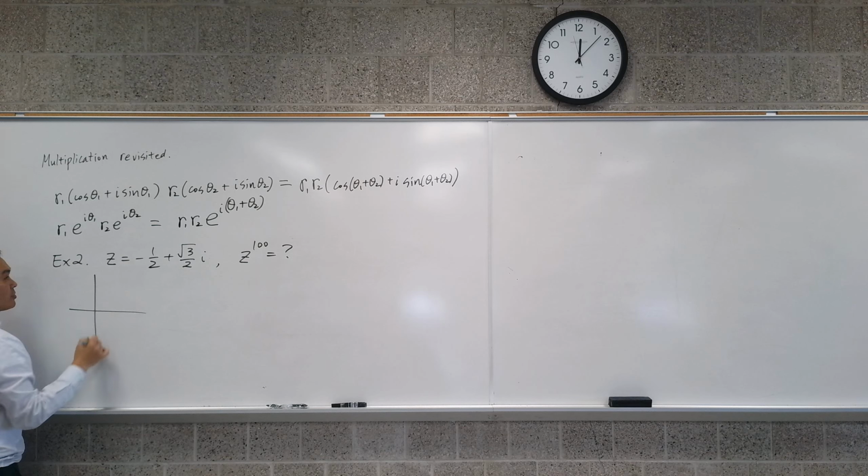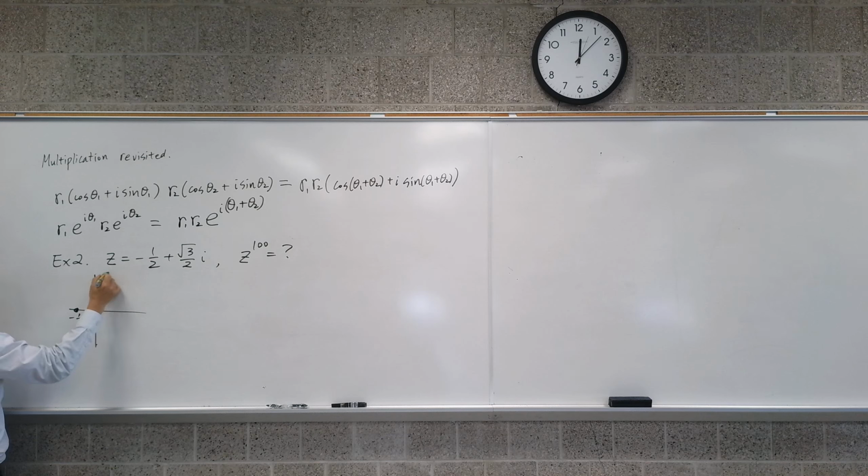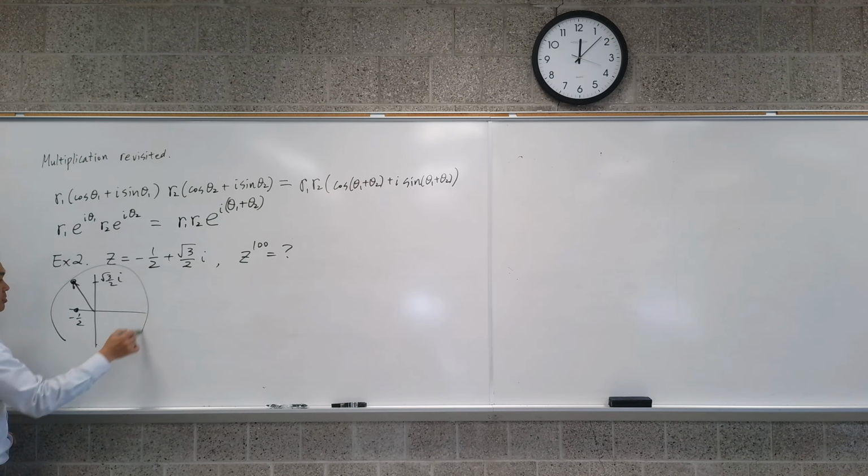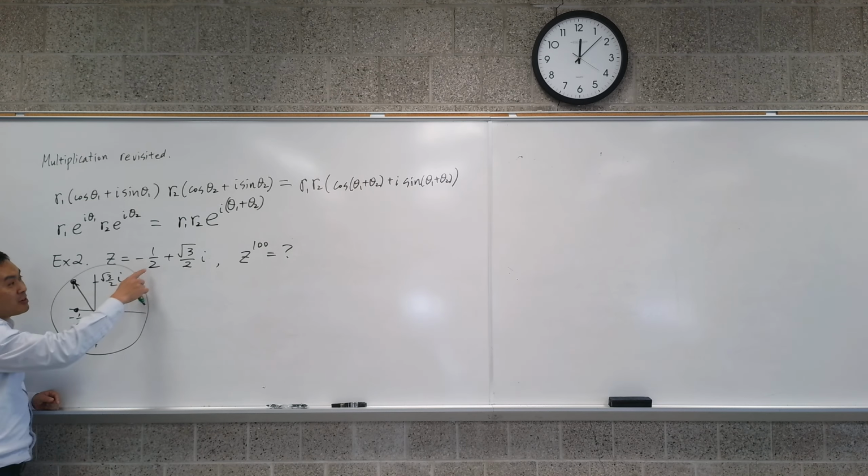Let's think about this. Negative 1/2 would be the real part, and radical 3 over 2 will be the imaginary part. Notice that they square to add to 1, so it lies on the unit circle, right? Do you remember that these are special values of sine and cosine?